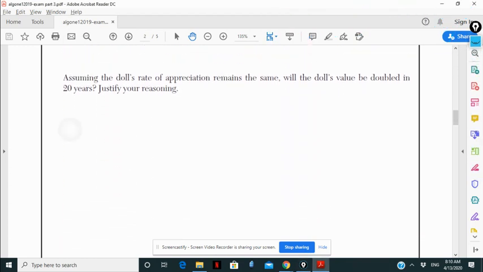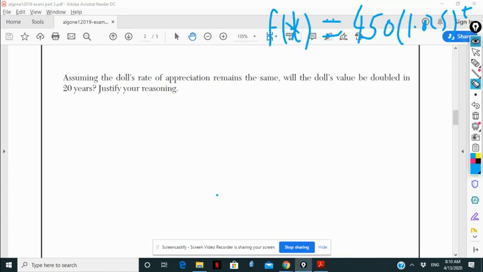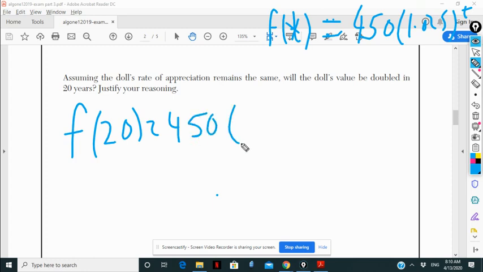Now, assuming that the doll's rate of appreciation remains the same, will the doll's value double after 20 years? So I need f of 20, which is 450 times 1.025 to the power 20.